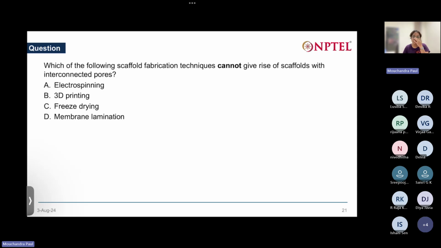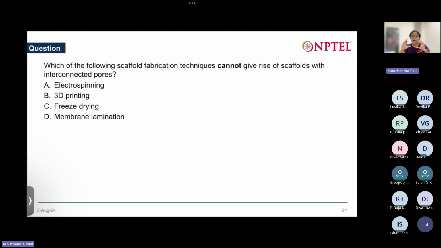During the process, whatever solvent you have used to make the polymer solution evaporates, and you get solid fibers which you can hold. That is how you create a fibrous mat, and the fibers can be of varying dimensions, from nanometers to micrometers.